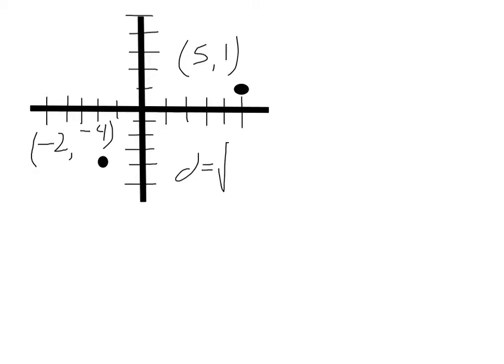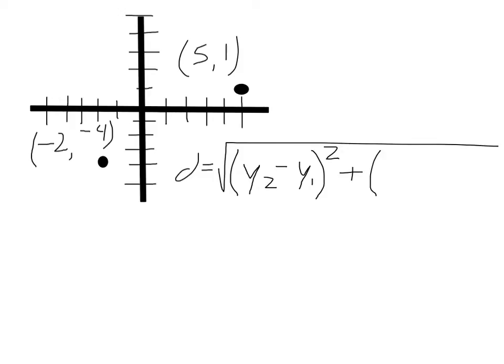the square root of the quantity of y sub 2 minus y sub 1 quantity squared plus the quantity of x sub 2 minus x sub 1 quantity squared.